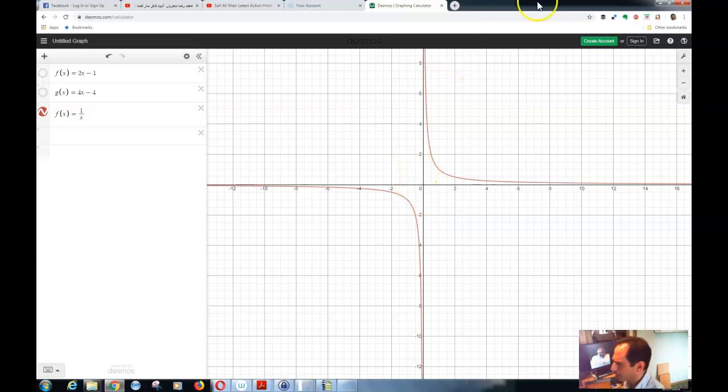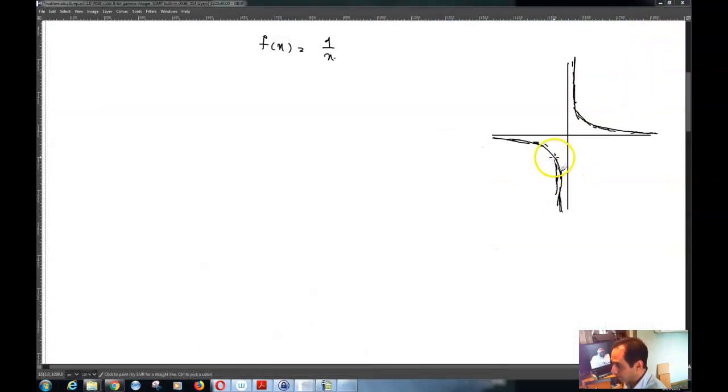Now, the derivative of this function is going to be f prime of x is equal to the limit of f of x plus h minus f of x over h when h tends to 0.